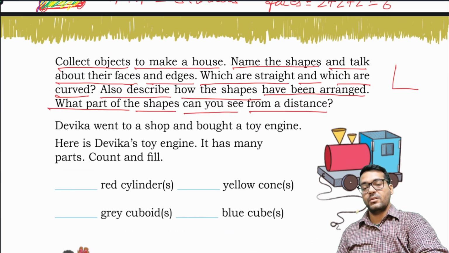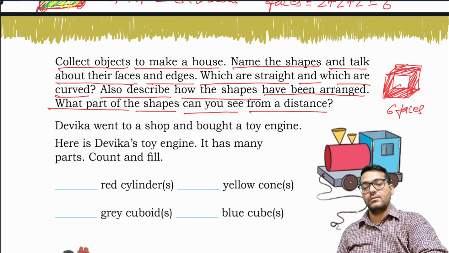Similarly, if you count the number of faces for a cube, that is 1 at the top, 1 at the bottom, 1 in the left, 1 in the right, 1 in front, 1 in back. That means 6 faces.